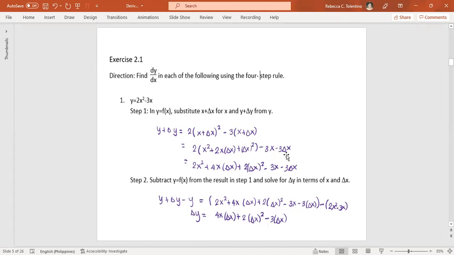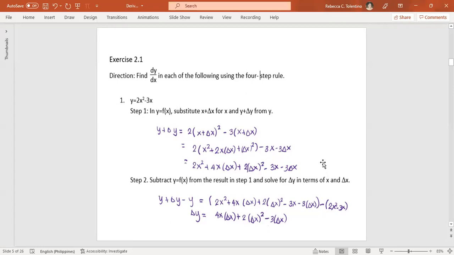We further apply the distributive property for the first group of terms. So 2 times x squared is 2x squared, 2 times 2x delta x is 4x delta x, and 2 times delta x squared is 2 delta x squared. Then we just write the last two terms, minus 3x minus 3 delta x. If there are similar terms, you combine them. If there are none, you just proceed to step 2.